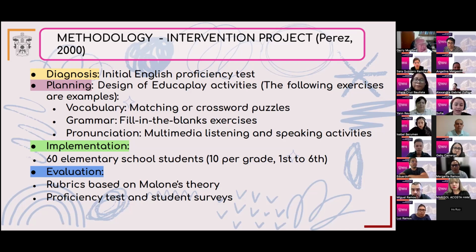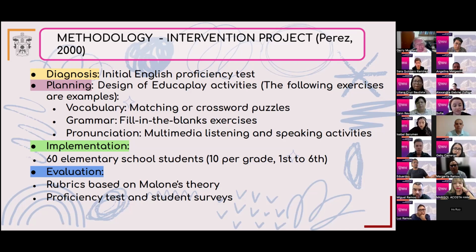For clarity, I will use the four phases proposed by Perez Serrano in order: diagnosis, training, implementation, and evaluation. The diagnosis phase will involve an initial English proficiency test. For the training phase, EducaPlay-based activities will be designed for vocabulary, grammar, and pronunciation.